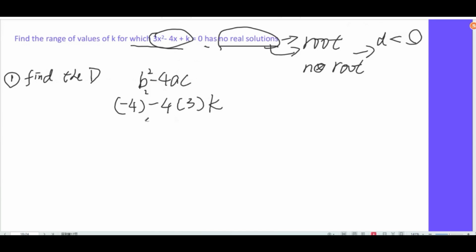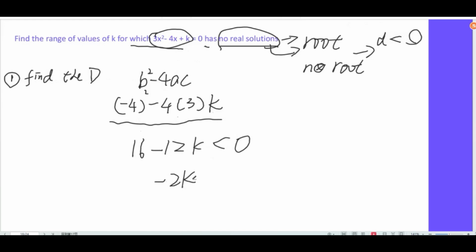So we solve this equation. It becomes 16 minus 12k, which must be less than 0.